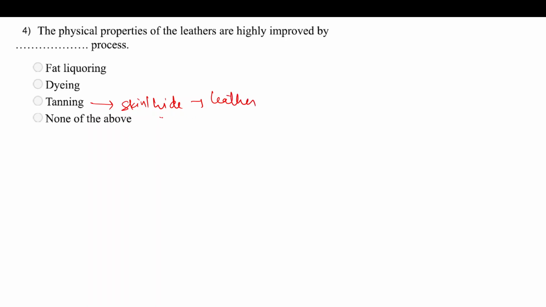So this is the actual reaction process. Fat liquoring is the correct answer, where you apply an oil-water emulsion, which goes into the pores and hence improves its property, right? So fat liquoring is the correct answer, using oil-water emulsion.